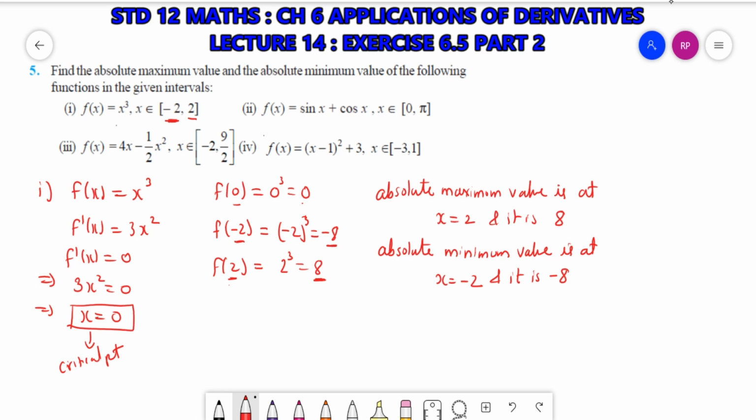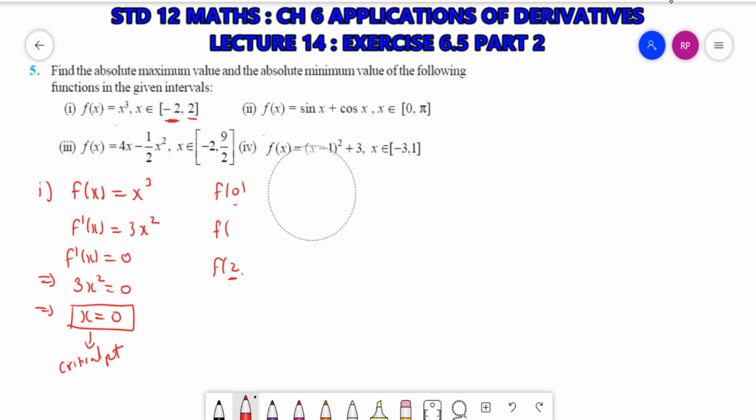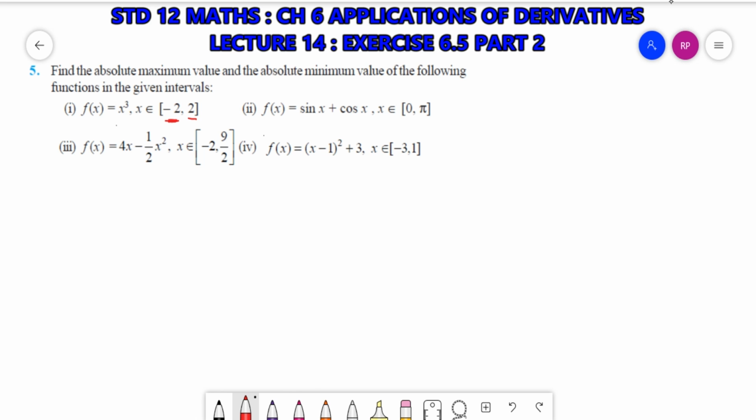So note down the first part of question number 5. Okay, now let's see the second one. I'm solving the second one. Third and fourth, I'm giving you to do by yourself. Let's solve the second one.